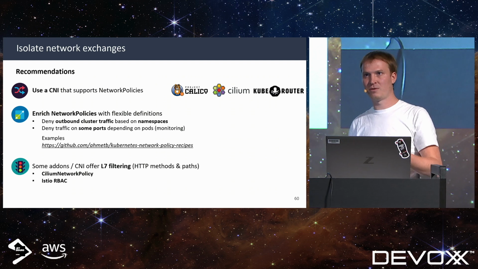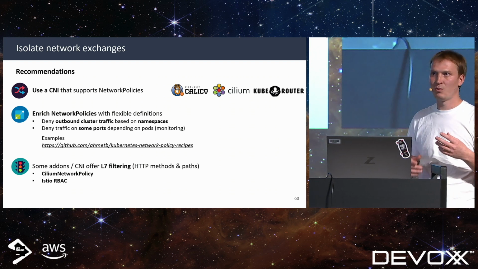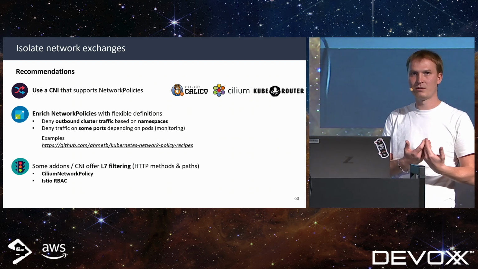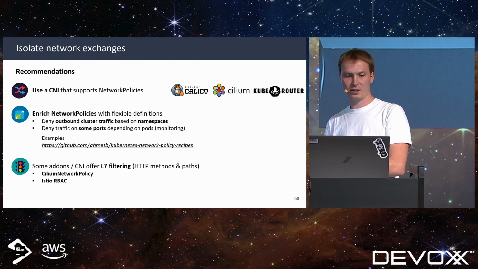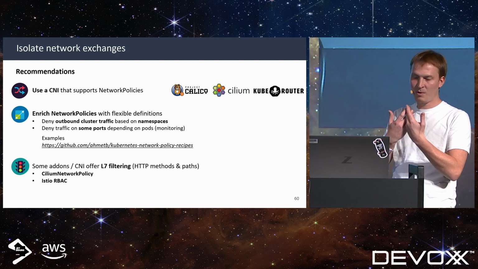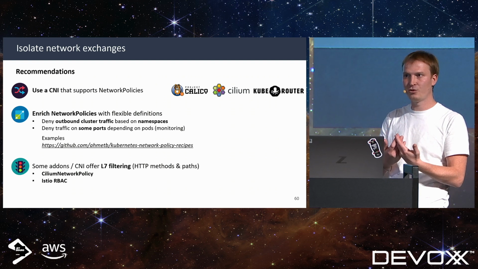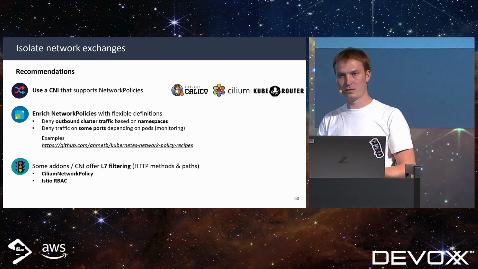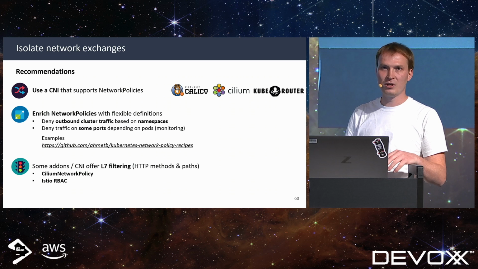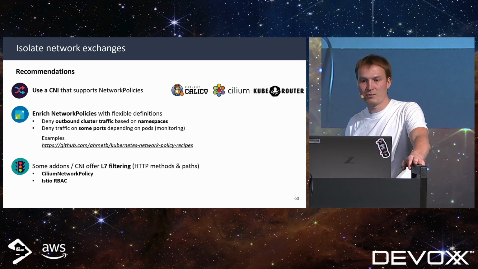But if we want something further, like we want to deny all the GET requests or all the POST requests, some of those CNIs can offer you this kind of possibility. And you have to know, depending on your need, what's the better for you.